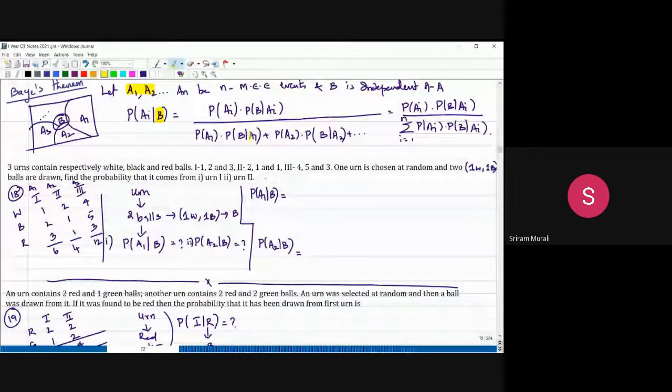Assuming it is a right construction, what is the chance of collapsing? Wrong construction, what is the chance of collapsing? If these two are not given, I cannot find because of which it happened. So you should know this inverse probability. Given B given A, I can find A given B. If I don't know B given A, I cannot find A given B. That is the highlight behind the problem.